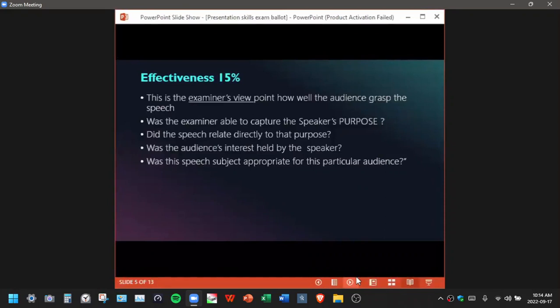And for effectiveness, you will get 15 marks.